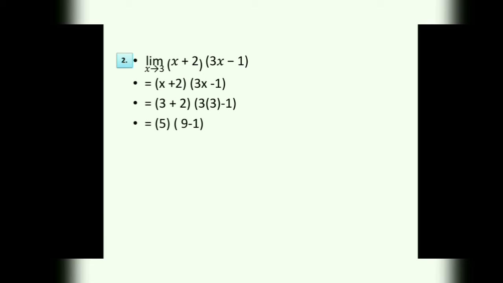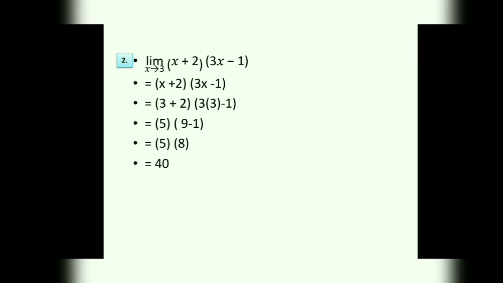So after this, we will manipulate this expression into the quantity of 5 times the quantity of 8 equals 40. Therefore, the limit of x plus 2 times the quantity of 3x minus 1 as x approaches 3 is 40.